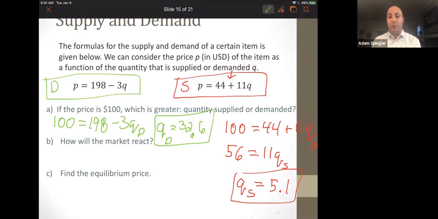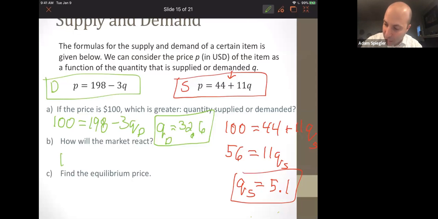What are you likely to do? Yeah, you're going to say, this is great. We've got 32 people willing to pay $100. Who would pay $101? Who's going to pay $102? And you start to weed out some of the people. And so the price is going to go up.